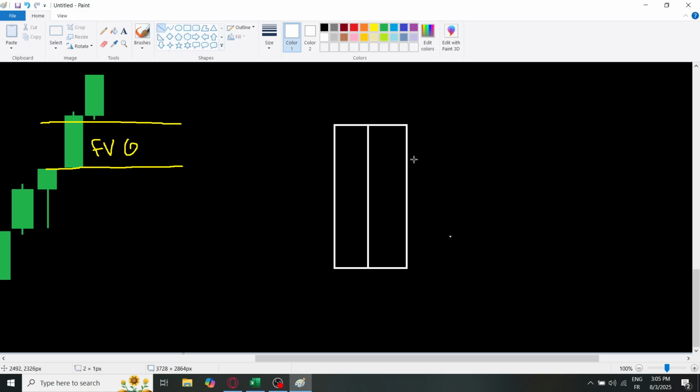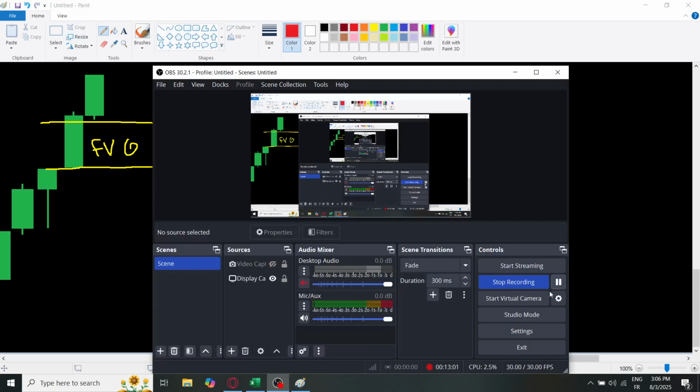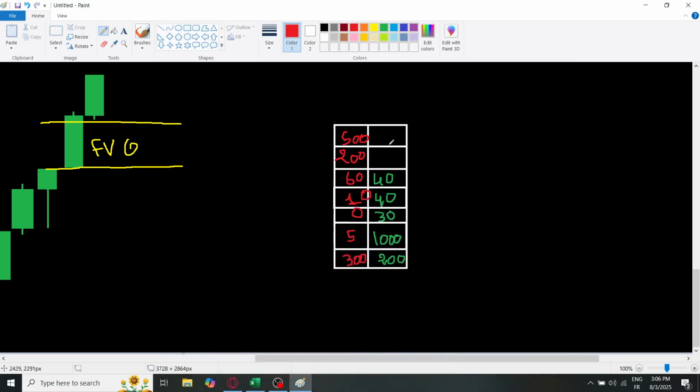On the right side it shows you the aggressive buyers, and on the left side it shows you the aggressive sellers. Let's say they filled those with any random numbers.